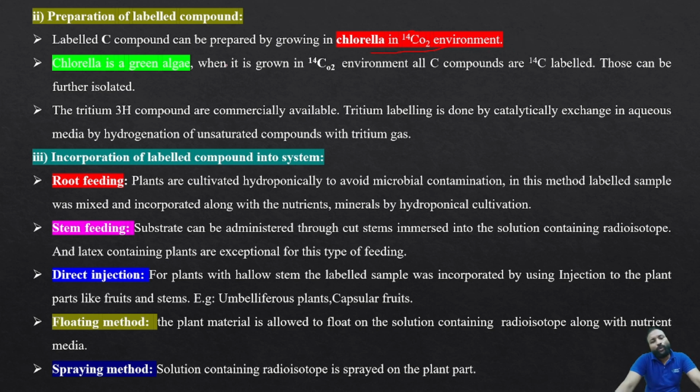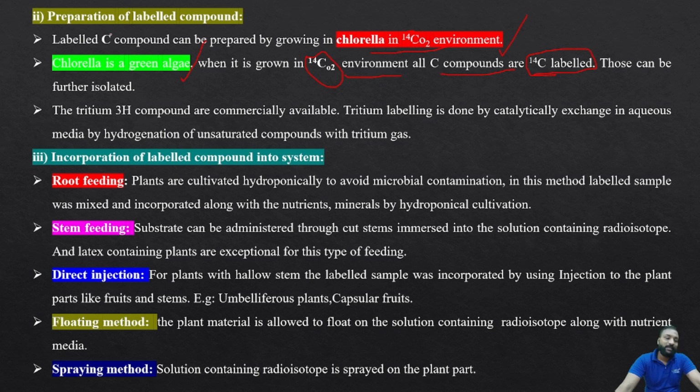In which we place the label compound in this environment. What do you mean by Chlorella? Chlorella is a green algae. When it is grown in a 14C carbon dioxide environment, all carbon compounds are 14C labeled.